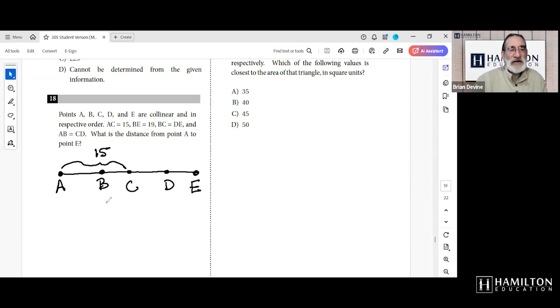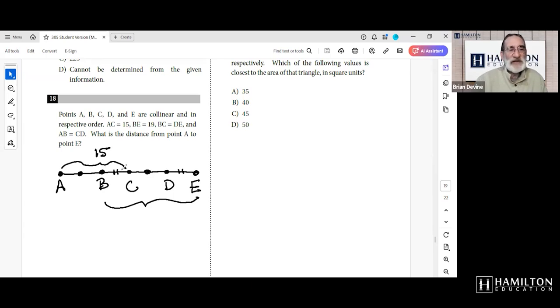And they said that BE is 19. And they said that BC and DE are the same length. And that AB and CD are the same length.